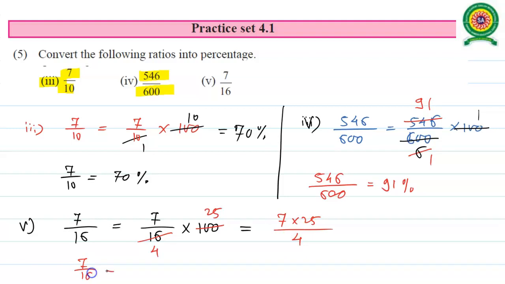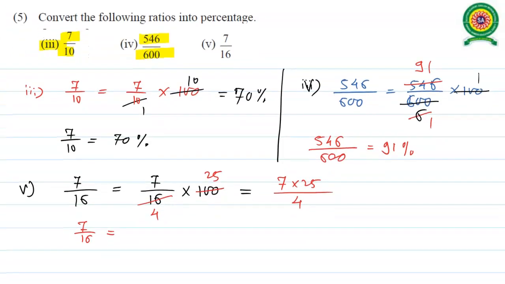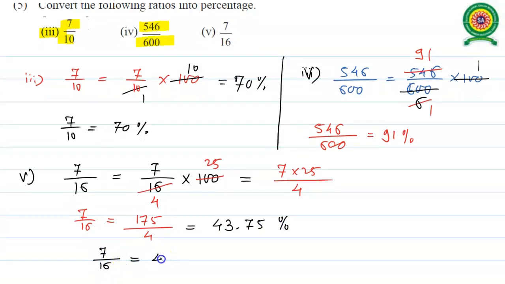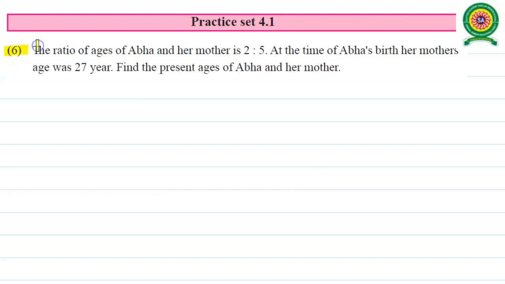Now 7 divided by 16 is equal to 25 sevens are 175, divided by 4. Now once we divide 175 by 4, we get 43.75 percentage. So 7 divided by 16 is equal to 43.75 percentage.